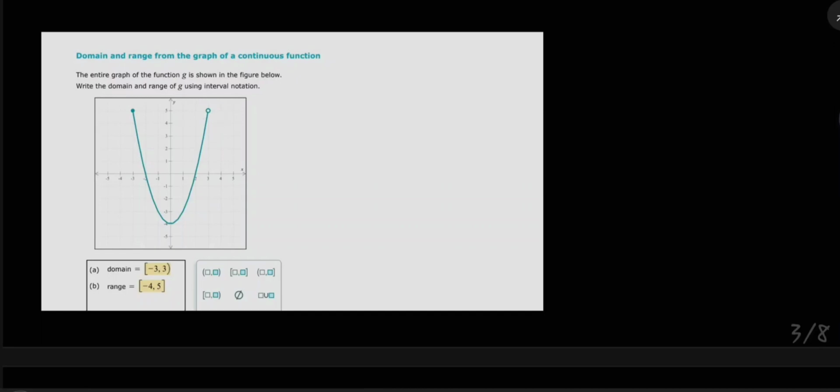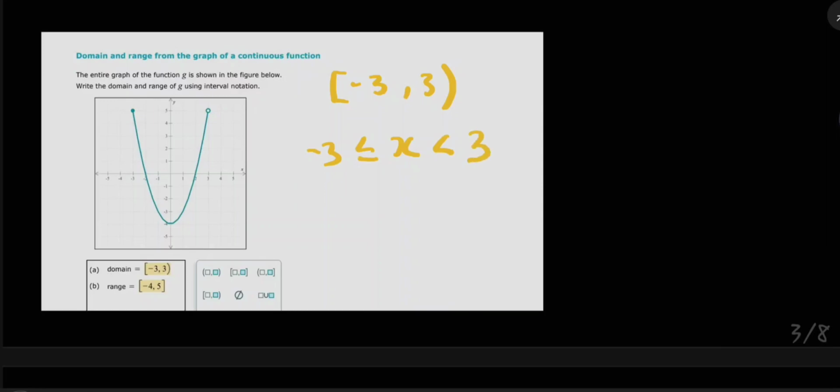I'm not sure if I did mention, but besides writing these intervals of our domain and range with parentheses, you can also write them with inequality. So for the domain that goes from -3 to 3, with 3 not being included, you can say that -3 is less than or equals x, which is less than 3.